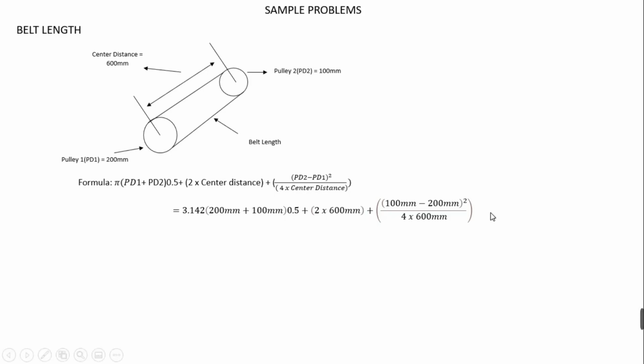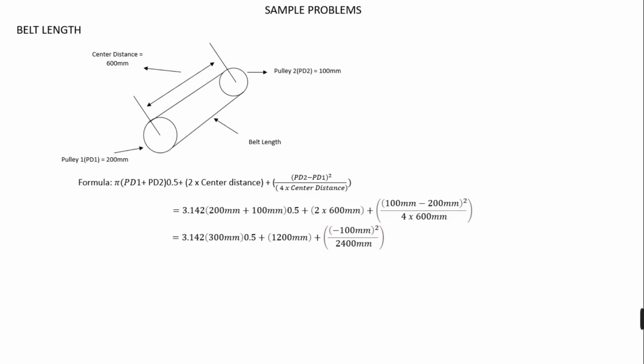We need to simplify this, and we will get 3.142 times 300, the sum of this one, times 0.5, plus 1200 millimeters, plus the simplified form of this, which is equal to negative 100 millimeters squared over 2400 millimeters.